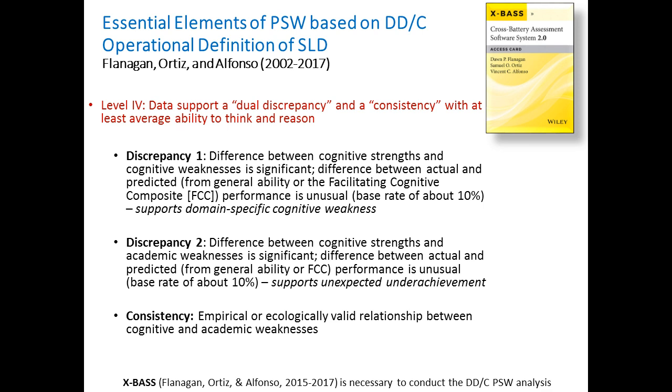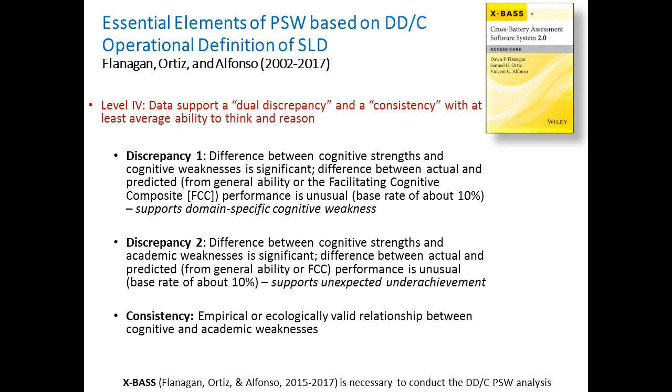Level 4 is basically pulling all the quantitative data together. So it's a dual discrepancy consistency model. There are two discrepancies and a consistency. The first discrepancy is the difference between the cognitive strengths, that is the top oval, and the cognitive weaknesses.